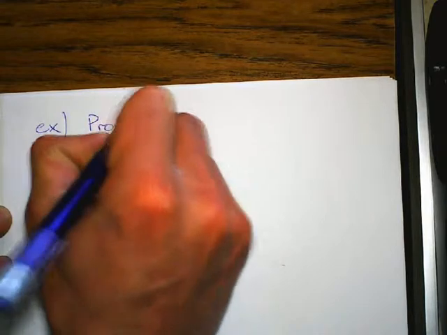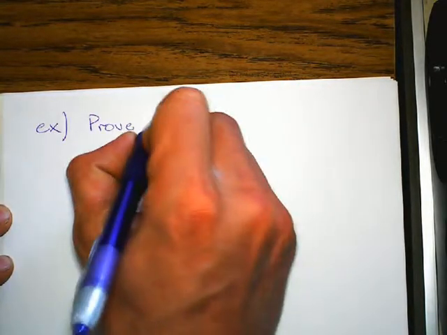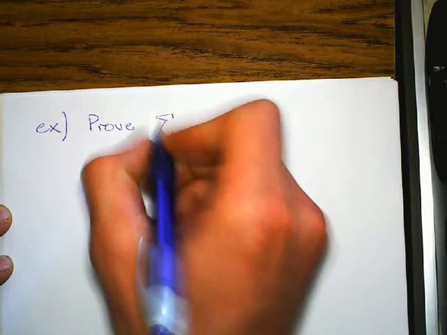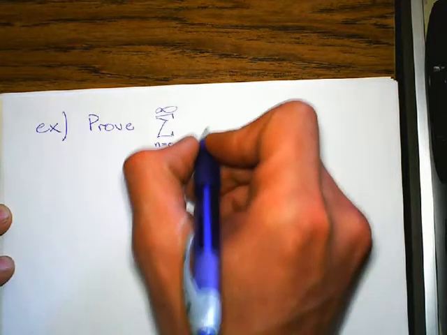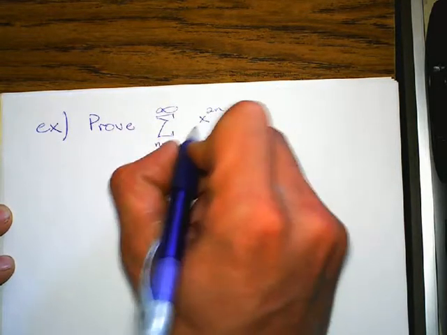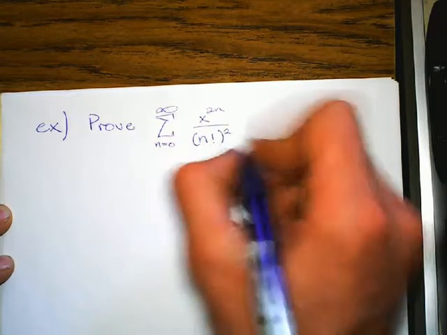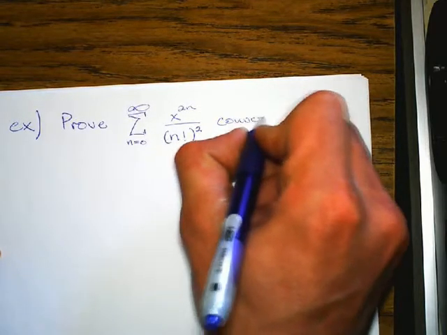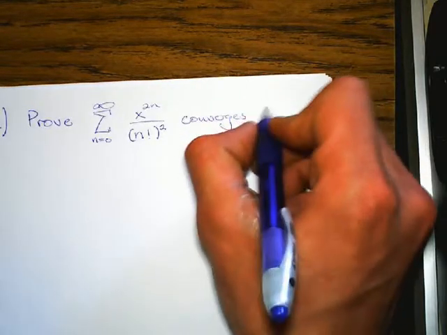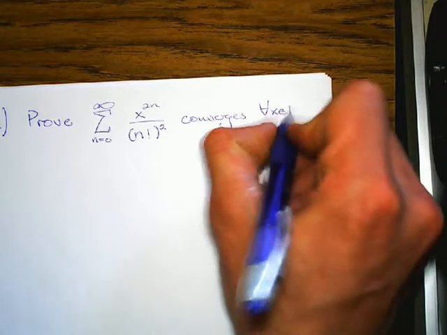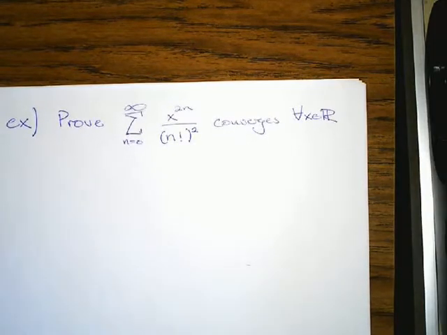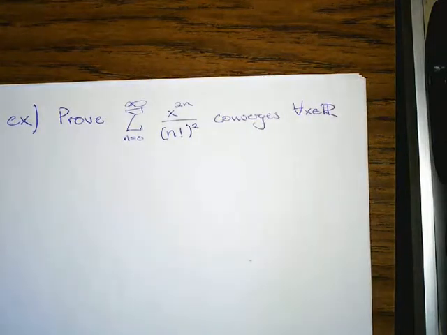But what we're going to do is prove that the series starting at n equals 0, going off towards infinity, of x to the 2n over n factorial quantity squared converges for all real x. So this is an example of it converges everywhere.